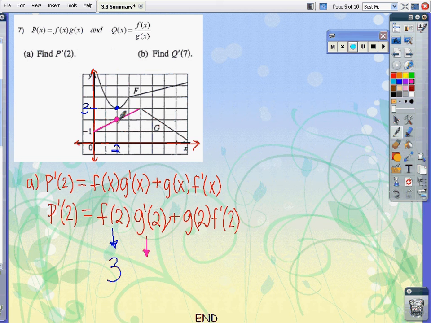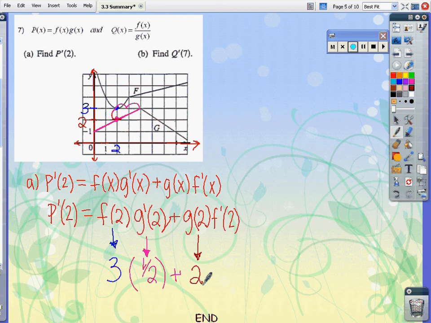So we're literally going to multiply it. Then I'm going to put the plus back. Then I'm going to look at g of 2. G of 2, that's the y value, so that is literally 2. How did I find that? I did not do a slope. I just found the y value. And then the last piece there, I'll use purple, f prime of 2.